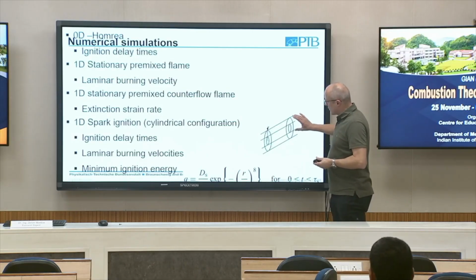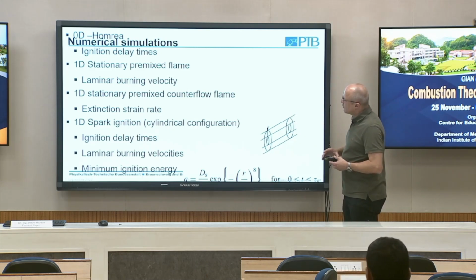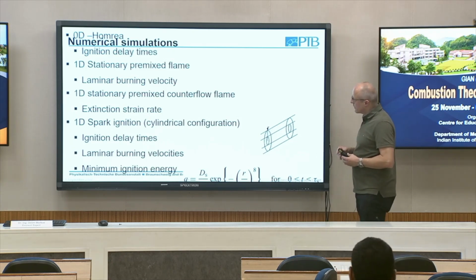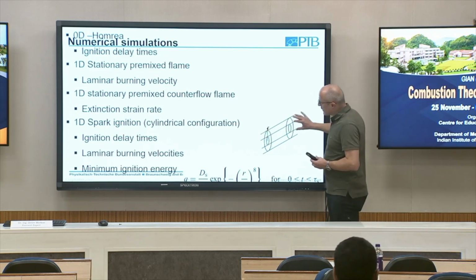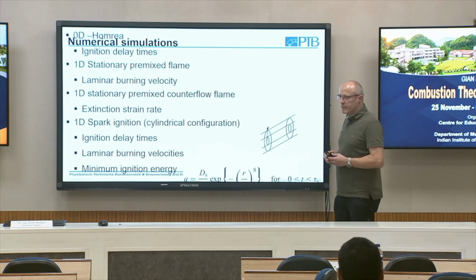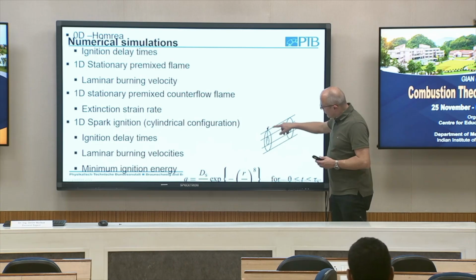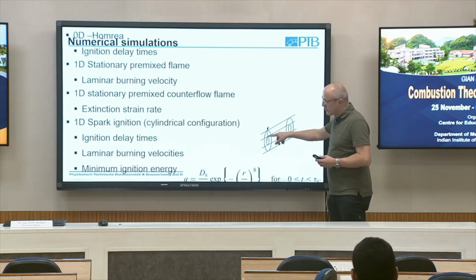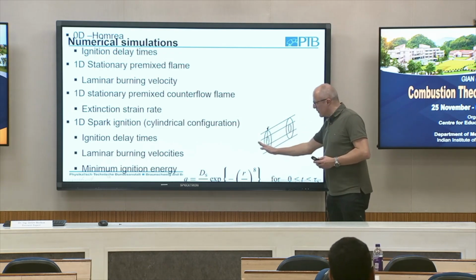So here we use a classical spark. Here we have a 1D configuration again, and that's a cylindrical configuration. That means we have gradients only in this dimension, in R direction, and no changes in this direction.